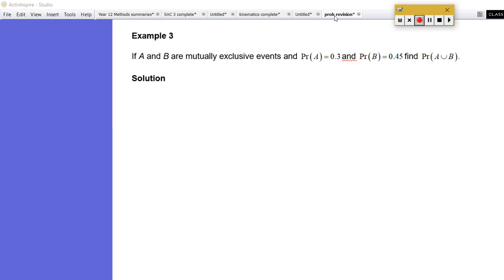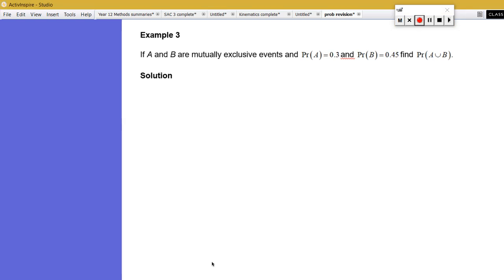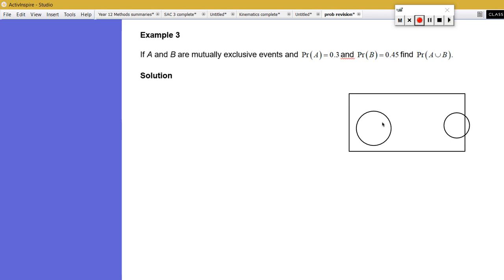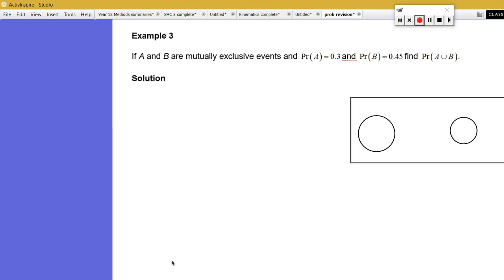So you would be visualizing that situation where the two circles in your Venn diagram are separate. So mutually exclusive, lock in on that, and we know straight away that the probability of A intersection B is equal to 0.